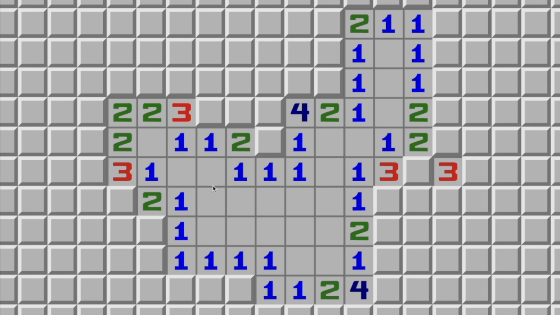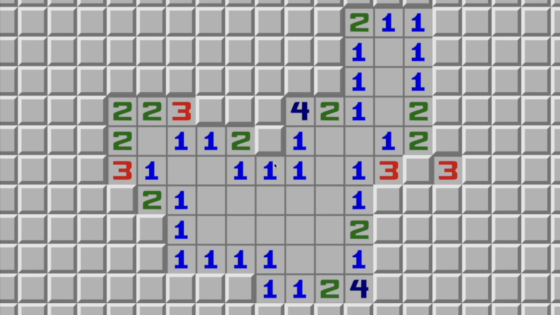And we can establish this as a pattern, which we can call the corner 1. So if you see a 1 on a corner where it's only touching 1 tile, you know you can immediately mark it as a mine.